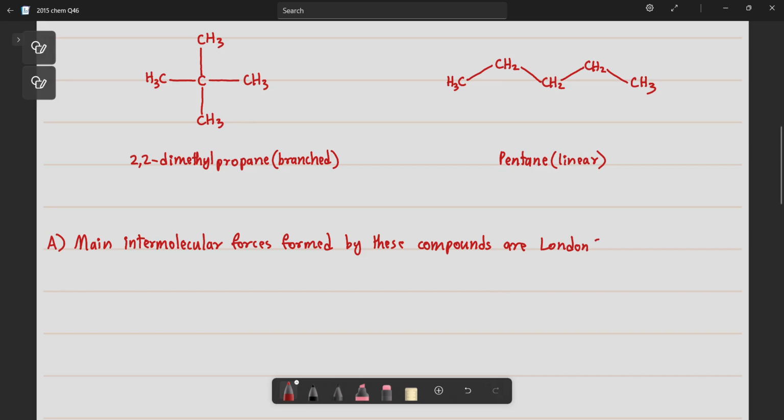So they're both the same meaning. So London forces. So these are the weak intermolecular forces that are formed within the nonpolar molecules.